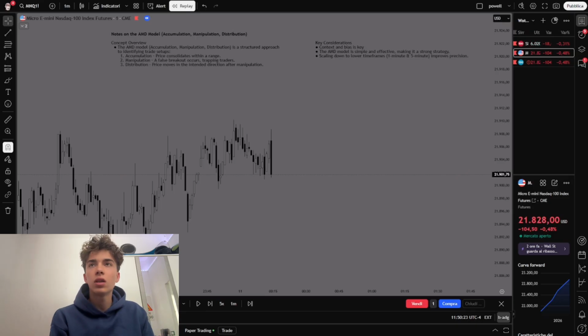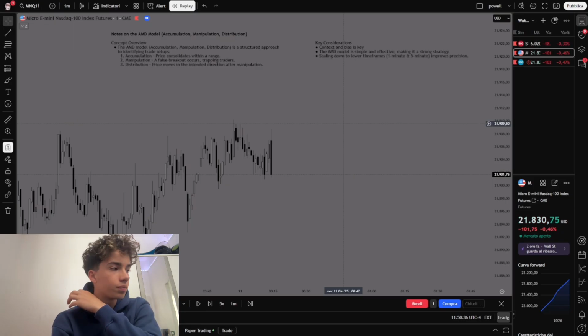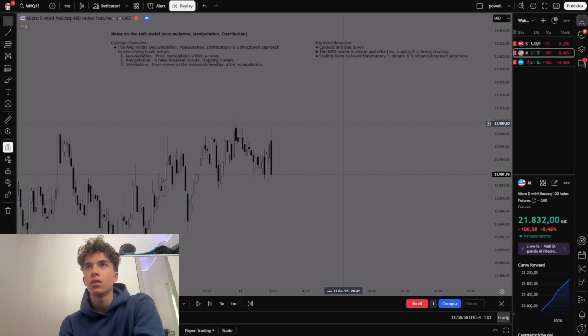So today's concept is AMD, which is accumulation, manipulation, distribution. What does it mean? It means that price is categorized in 3 steps with this model. The accumulation part, where price consolidates for a bit.